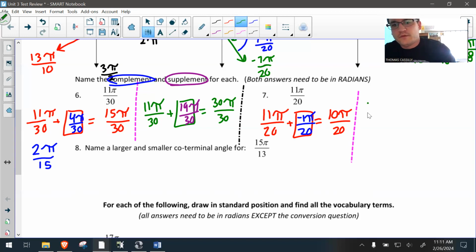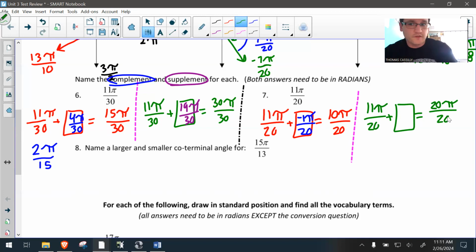So the supplement, 11 pi over 20 plus something gets us to a full pi, but a full pi is 20 pi over 20. We're kind of unreducing the fractions here. And the answer to this one is going to be 9 pi over 20. So there's our complement and our supplement.